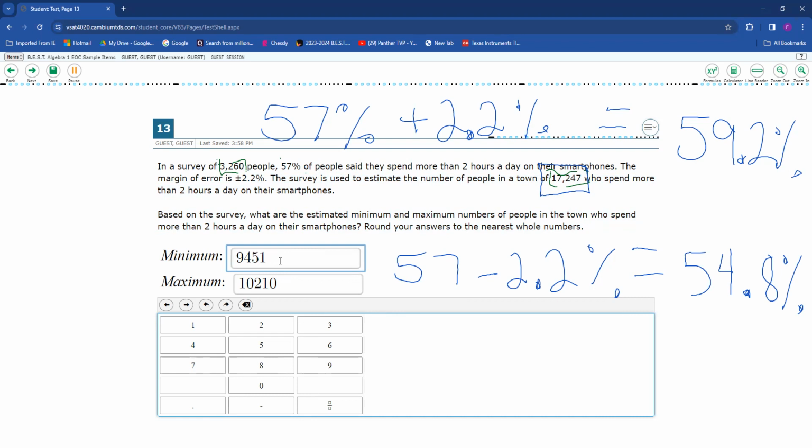So that's what happens when you have this symbol that you see next to the 2.2 on the second sentence. You see that? You see that symbol? That means we need to add 2.2 and subtract 2.2 like we did. So that would be my answers for this question.